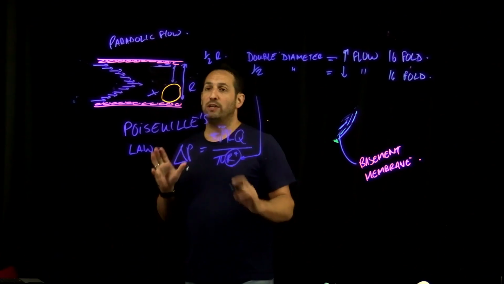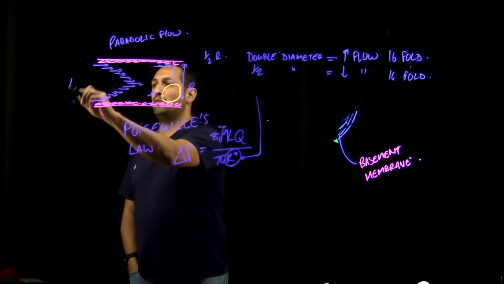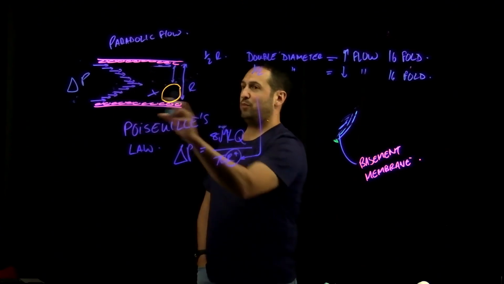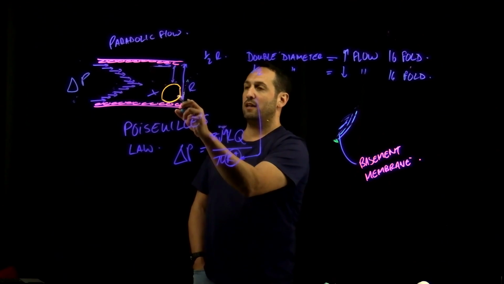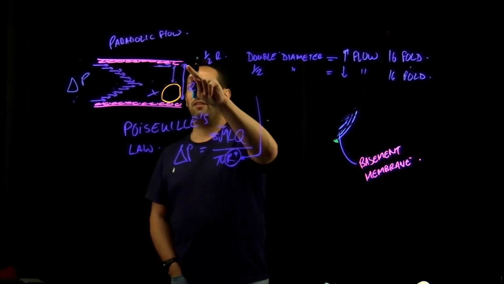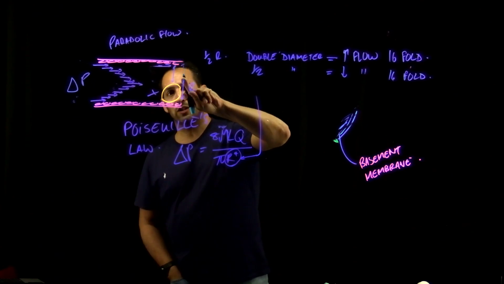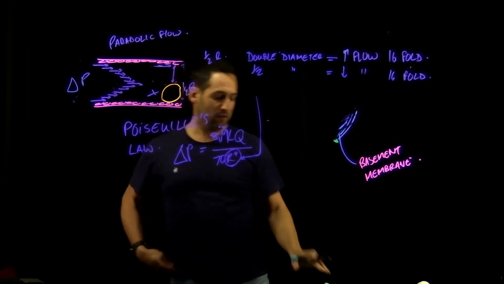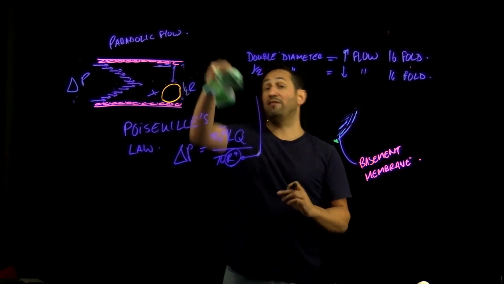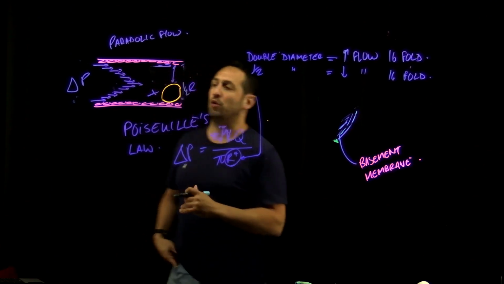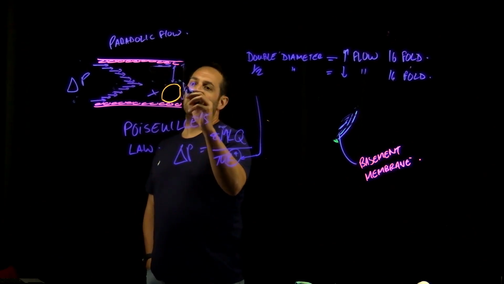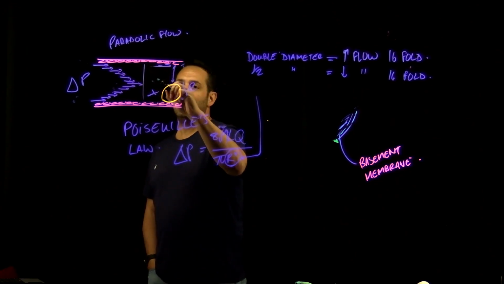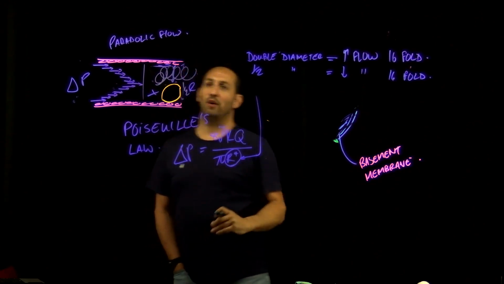Because something really quite interesting happens: if we've got an adequate pressure differential, delta P, from one side of the vessel to the other, then if we put that clot in the way and we halve the radius of the vessel, or halve the diameter, whatever you prefer to talk about, then we can end up getting a buildup of pressure, and then this laminar flow stops, and we end up getting turbulent flow.